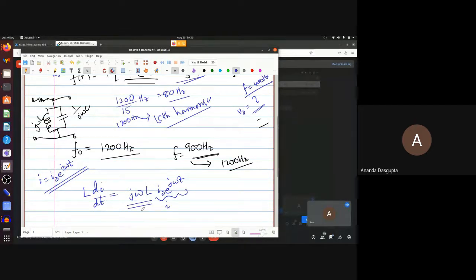And that's why we say that the impedance of the inductance is given by j omega L. Just like Ohm's law. Voltage is impedance times current. However, this works only for sinusoids and for nothing else. For square waves, you cannot take a definite impedance. It doesn't make sense. Okay?